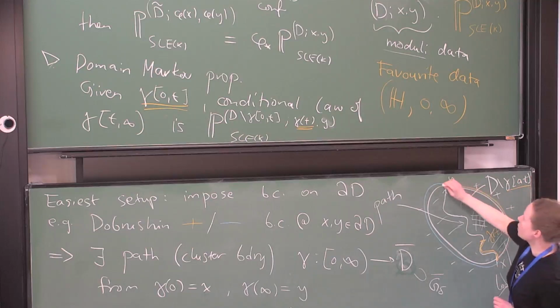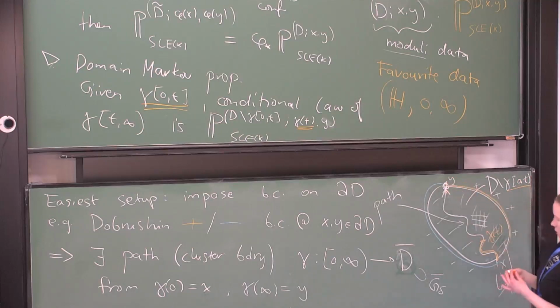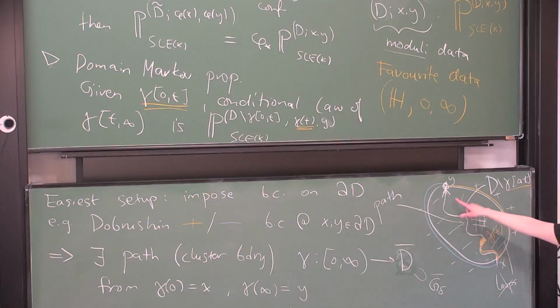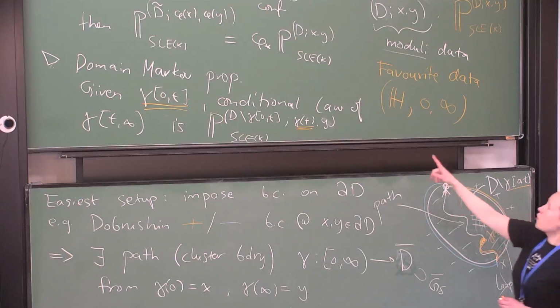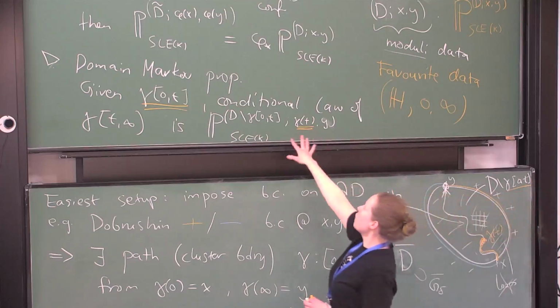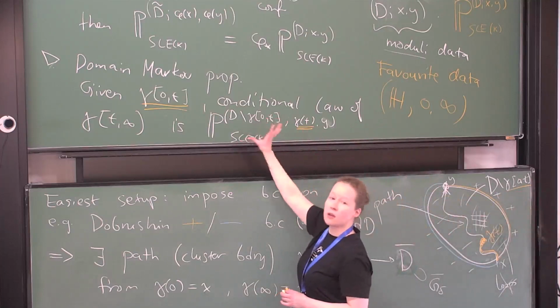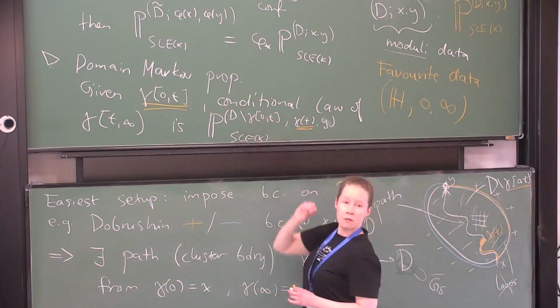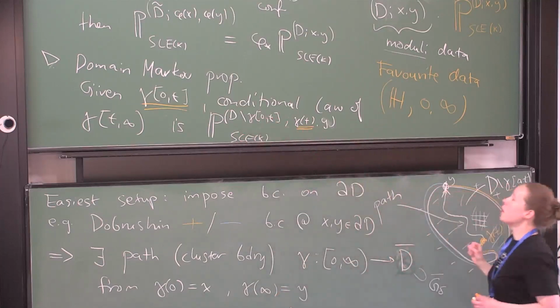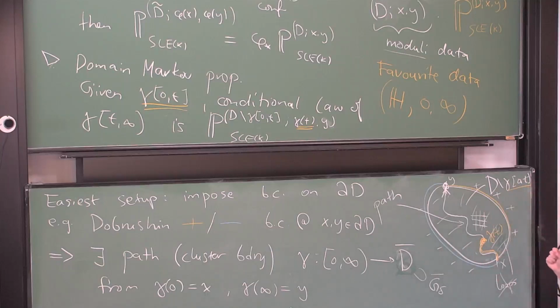One is still this y, where I'm targeted to, but the other one has changed, because if I start exploring after time t, I have to start where I was, and then go on. By this conformal invariance property, I already know how to do this in other domains. So these two are kind of characterizing it, and you can prove it rigorously.